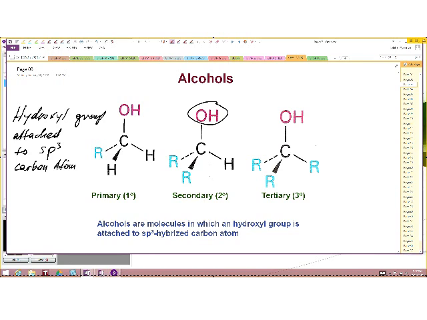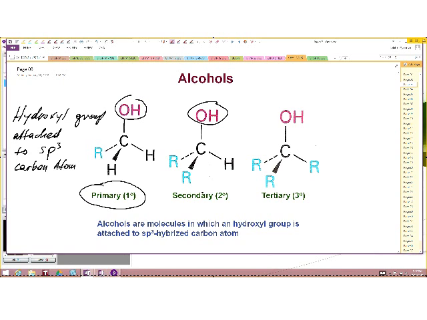And because of that, we have three different types of alcohols. We have what we call the primary alcohol, in which the hydroxy group is attached to a primary carbon. Of course, you know, a primary carbon is one in which the carbon is only attached to one other carbon atom.